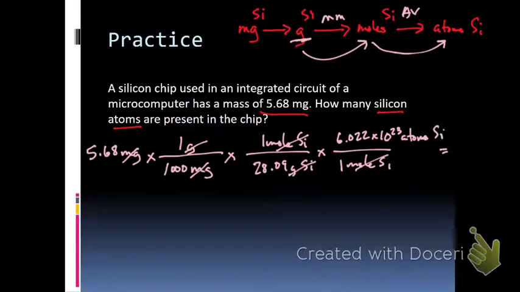All right, so let's do the math. 5.68 divided by 1,000 divided by 28.09 times 6.022 times 10 to the 23rd, 1.22 times 10 to the 20th atoms of silicon.